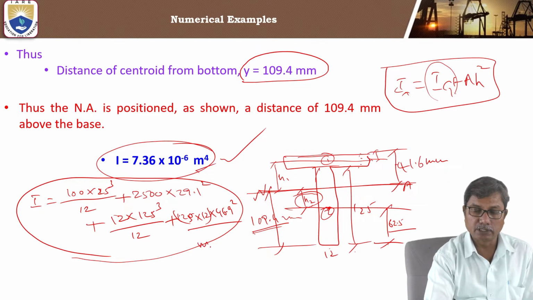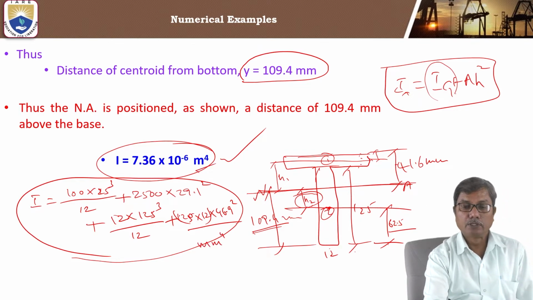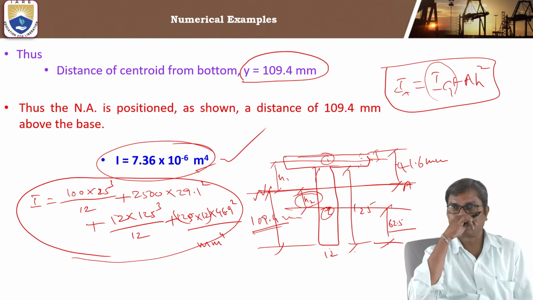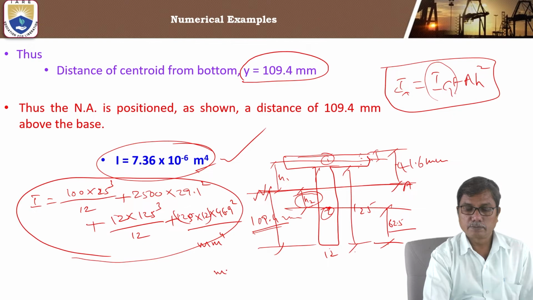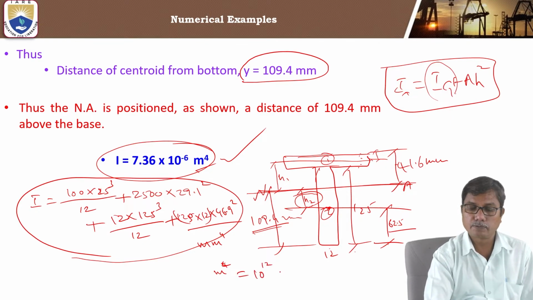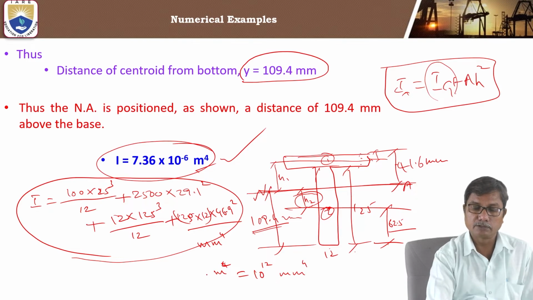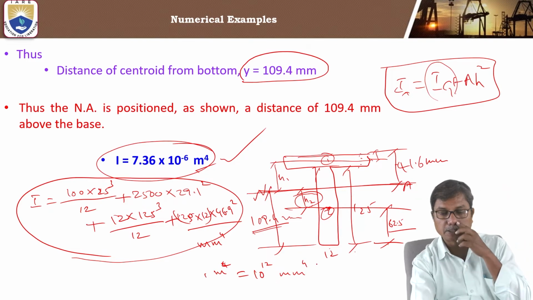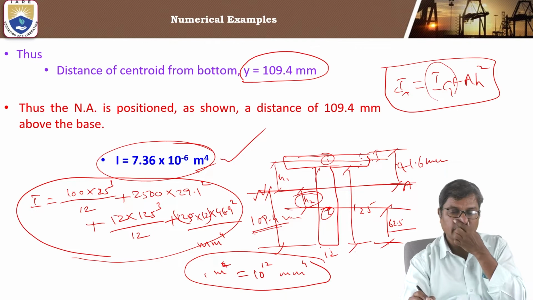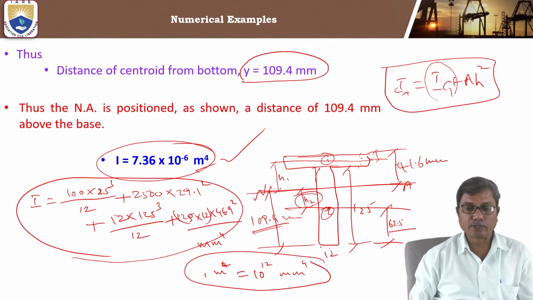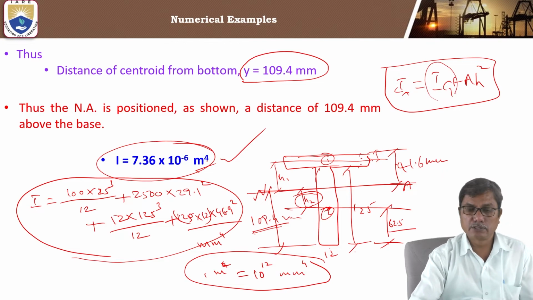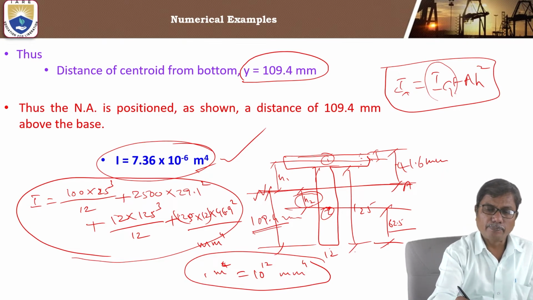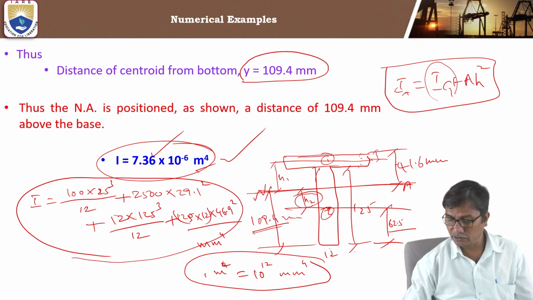This is in millimeter power 4. We have to convert it into meter power 4. How to convert? 1 meter power 4 is equal to 10 power 12 millimeter power 4. So this is the conversion part. So you have to convert millimeters into meters. So this is the moment of inertia value.